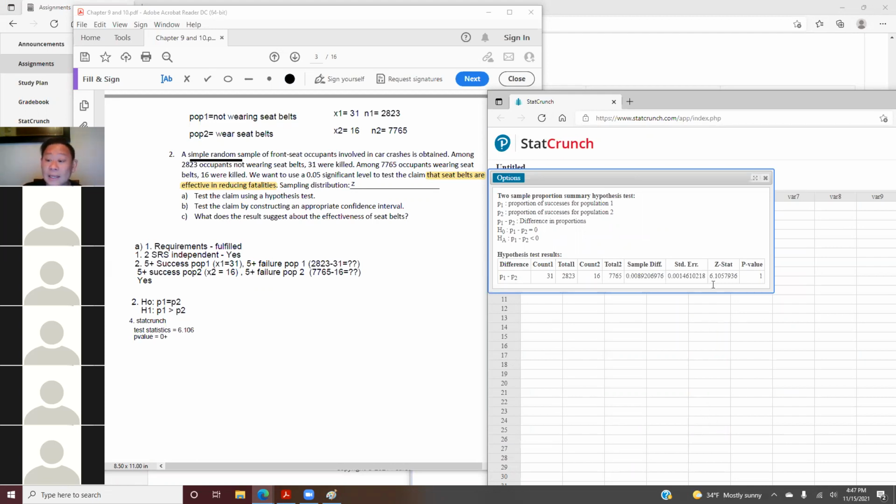The test statistic is exactly the same, but your p-value is totally opposite. When I say opposite, if it's 30%, then this will be 70%. Because this is so close to 0, the opposite of 0 is 1. That's why when you do the less than, your answer is a little bit different.